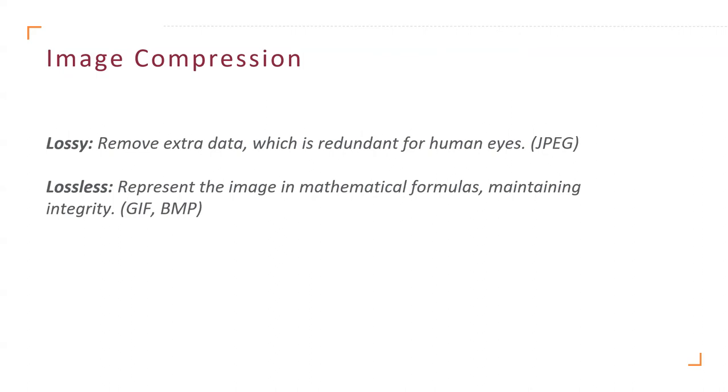So there is no loss of bits per se. JPEG, which is one of the most common image formats, is an example of lossy. And GIF and BMP are lossless image compression techniques. And why do we care about them? Because the type of compression an image algorithm uses plays a role in choosing the steganographic algorithm we are going to choose.